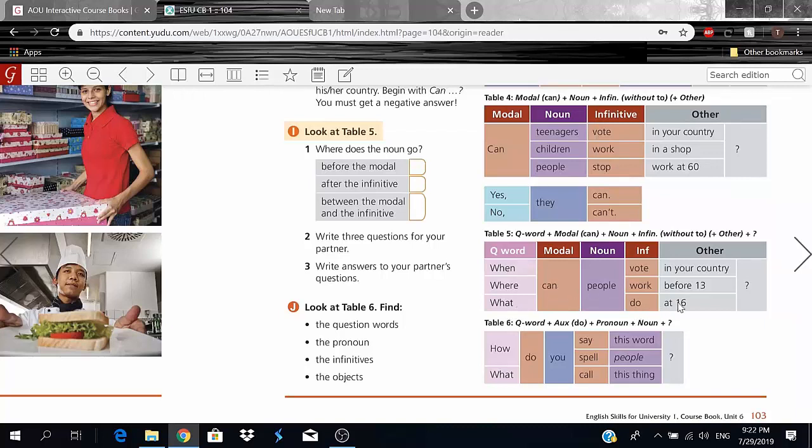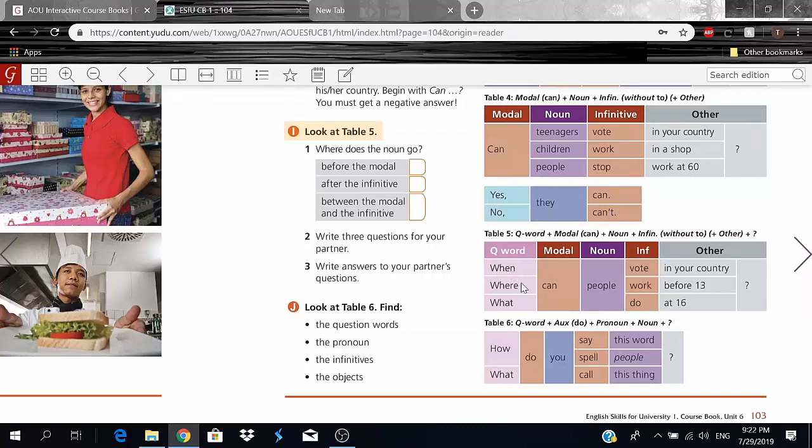Or what can teens do at 16? By this, I could give an answer like, they could work for minimum hours, they could make minimum wage, they could play video games, whatever, but I can't ever say yes they can or no they can't with a question that starts with when or the question words.